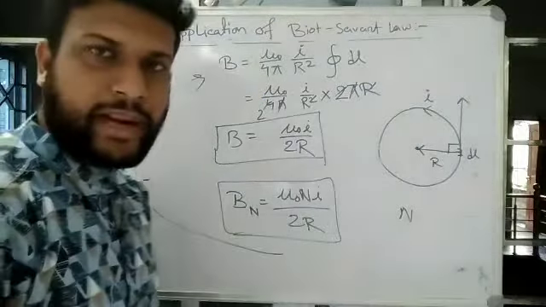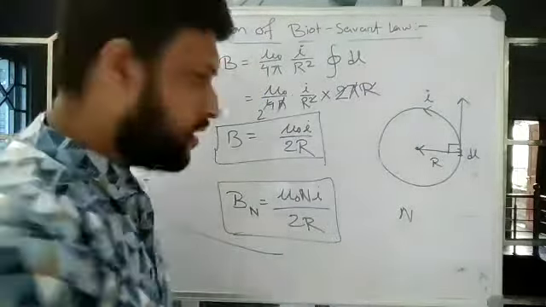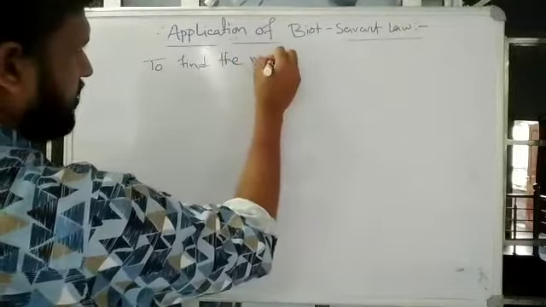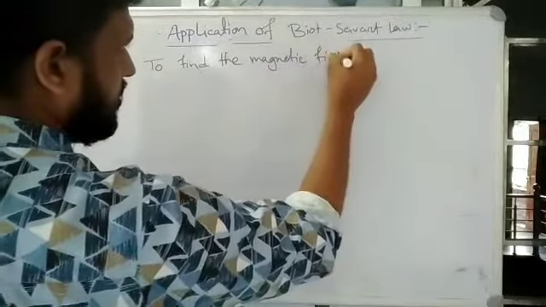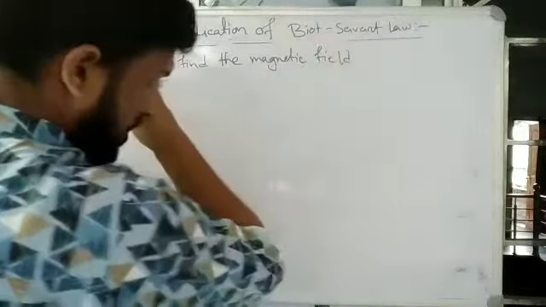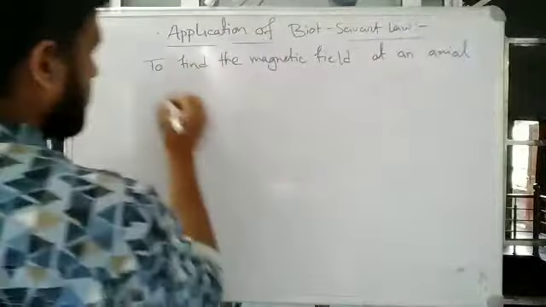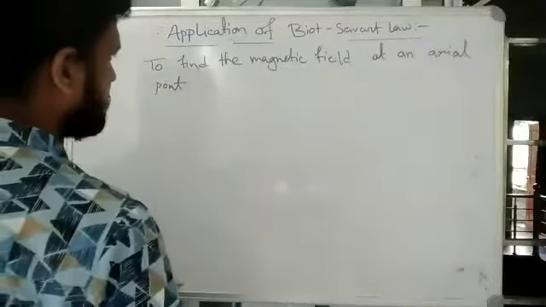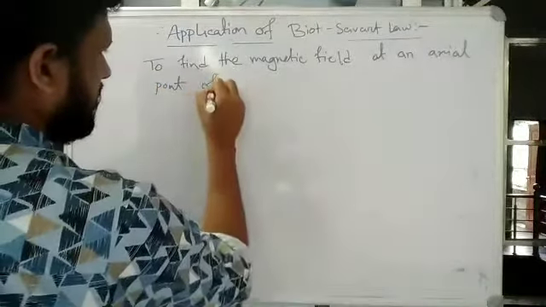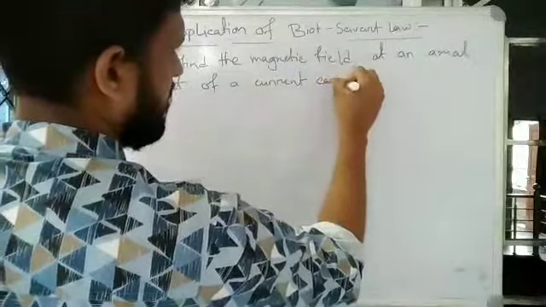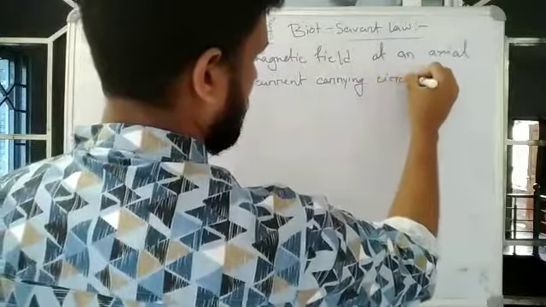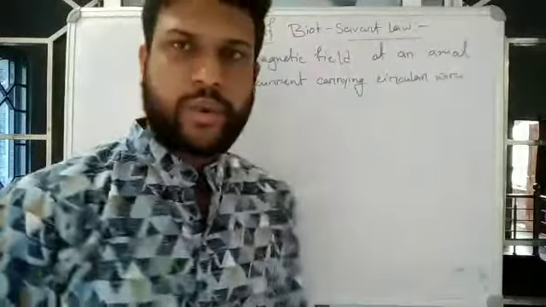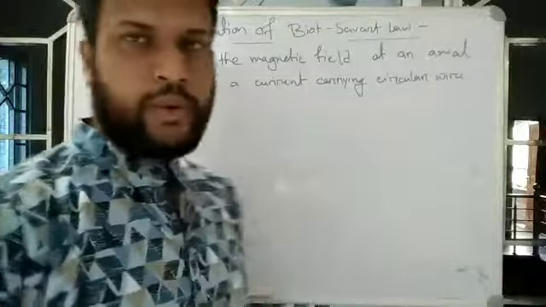So we will find the magnetic field for this case. Circular wire. Okay, so I hope you have understood the situation now.